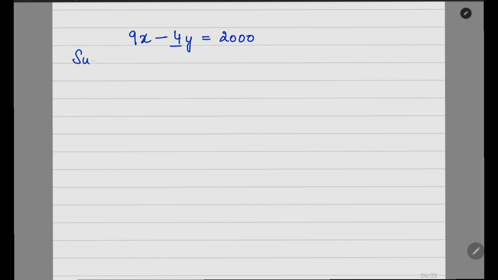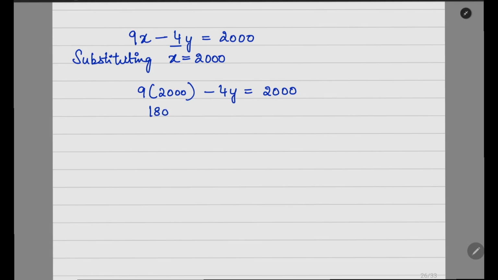So substituting x equal to 2000 in one of the equations, you will get 9 into 2000 minus 4y equal to 2000. So you have 18,000 minus 2000 equal to 4y. So it's 16,000 equal to 4y. So y is equal to 4,000.